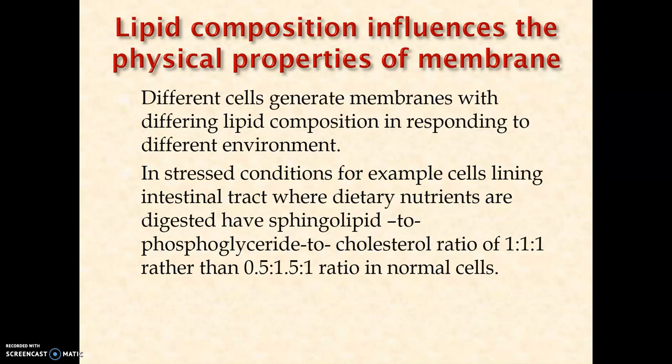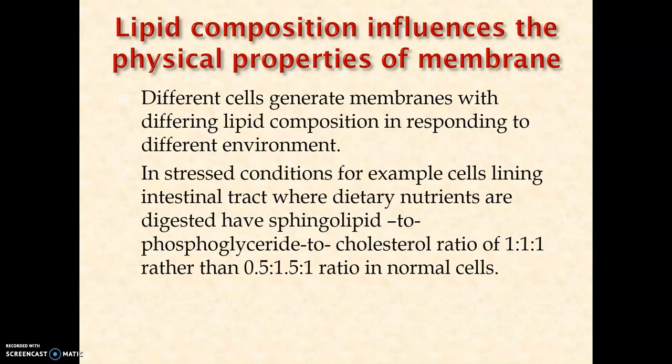And that is all about the fluidity part. The next point is that lipid composition influences the physical properties of a membrane. That is, a membrane has a phospholipid composition which differs with the environment. Different cells generate membranes with differing lipid composition in response to their environment.